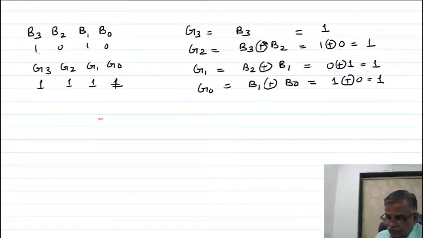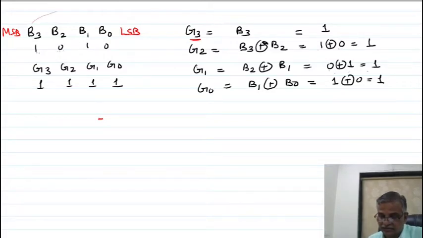Again I am telling you. Suppose this is your binary number and you want to convert it into gray code. What is the method? This is your MSB, and this is your LSB. G3, the MSB, is simply written as itself. For G2, I take the exclusive OR function of these 2 bits, 1 XOR 0.